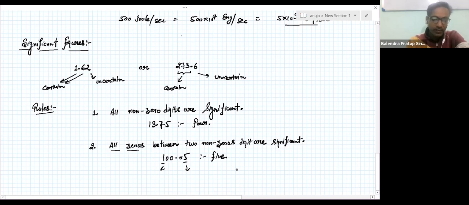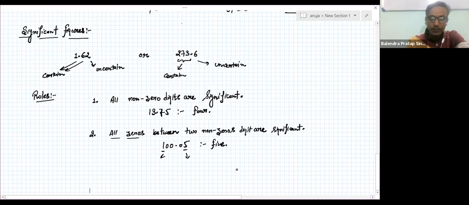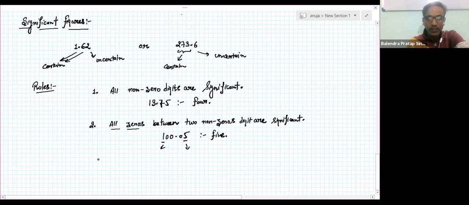Next, the third rule is basically that all ending zeros are not significant. This is rule number 3.